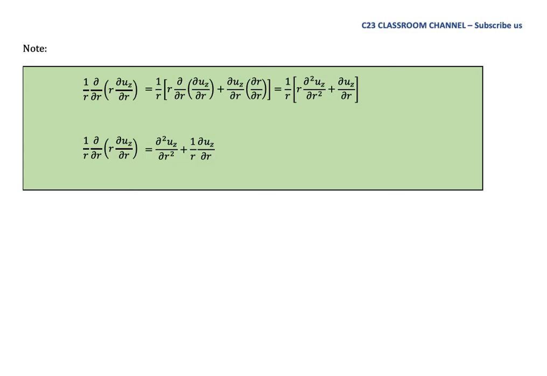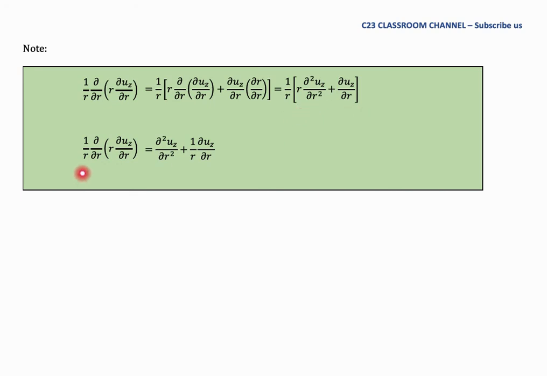So these are the important notes for the Navier-Stokes equation for polar coordinates, because in some textbooks they will give you this kind of term. Sometimes in some textbooks they will use 1 over r del over del r in brackets r del u_z over del r, and it is equal to this term, and it is equal to this term.